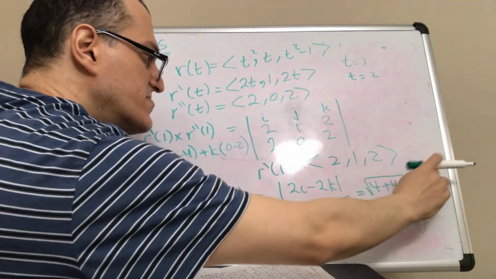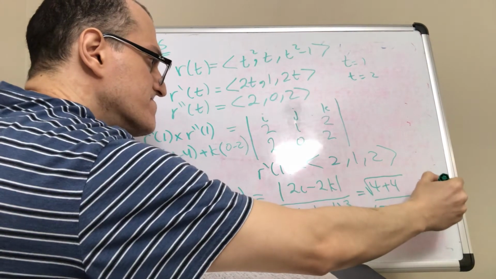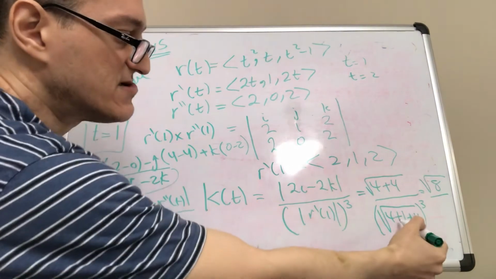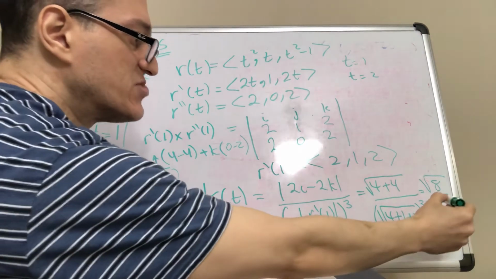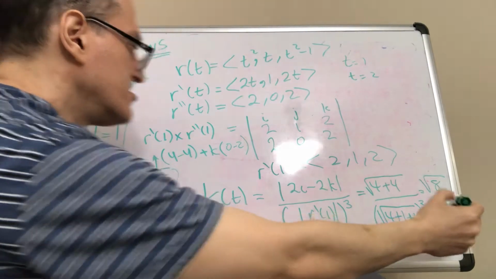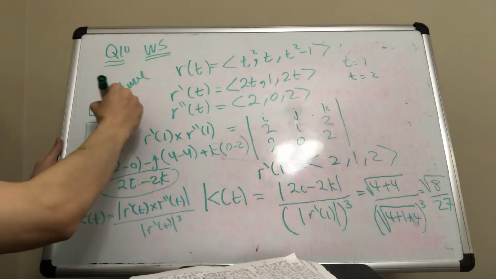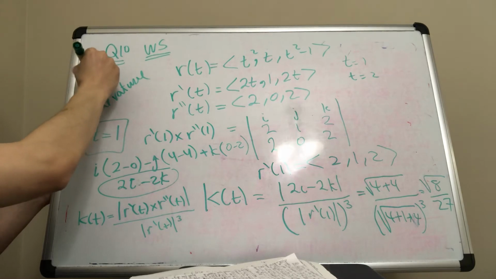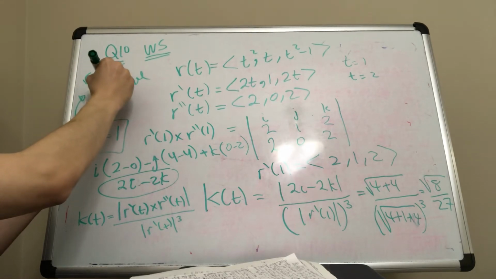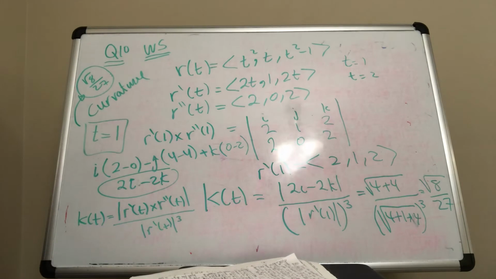This is square root of 8. This is square root of 9, which is 3. 3 cubed, 27. So at this one, the curvature was root 8 over 27. I'll do it again at 2.